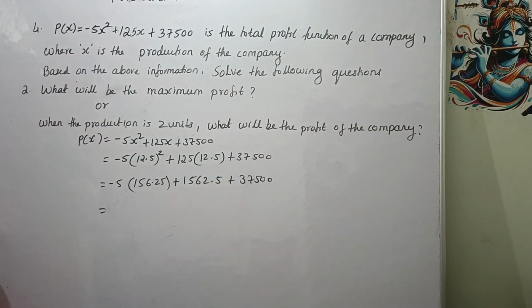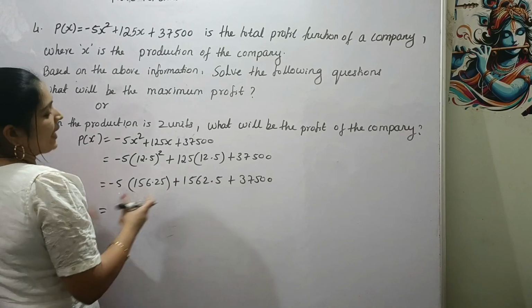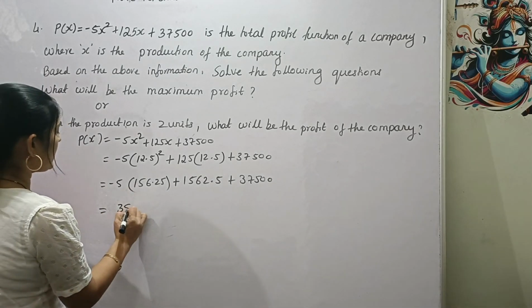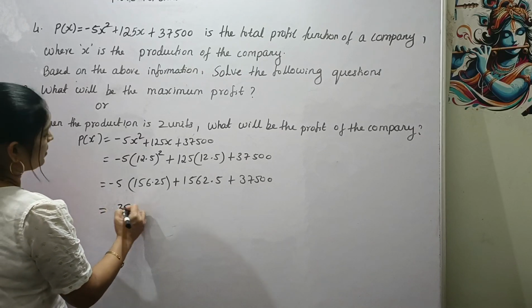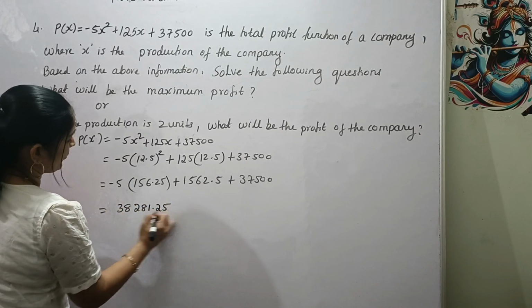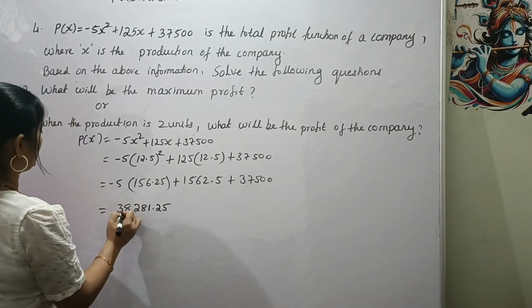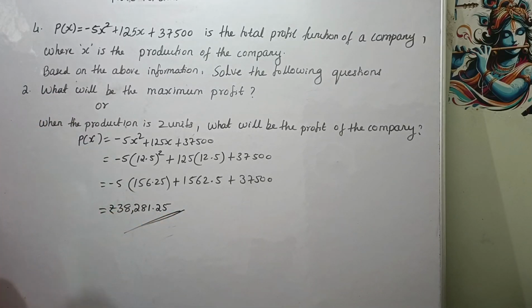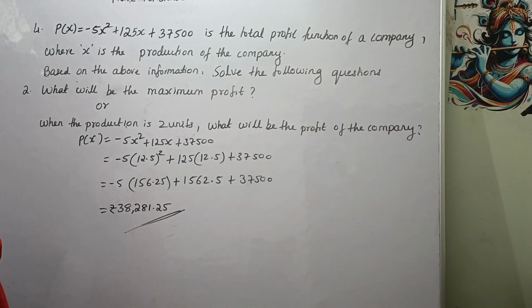That is equal to, after calculation we will get 38,281.25 rupees. So the maximum profit is rupees 38,281.25.